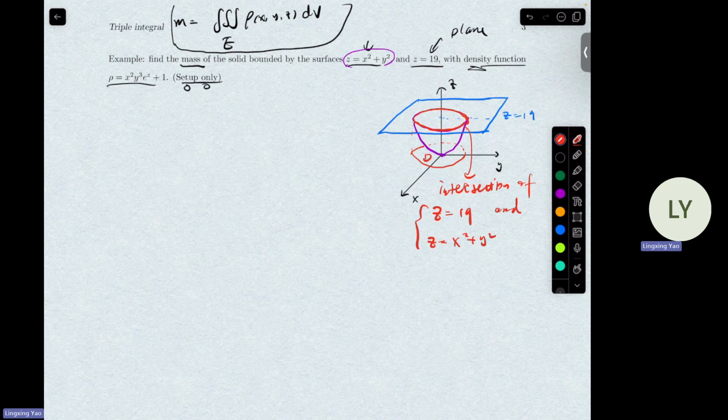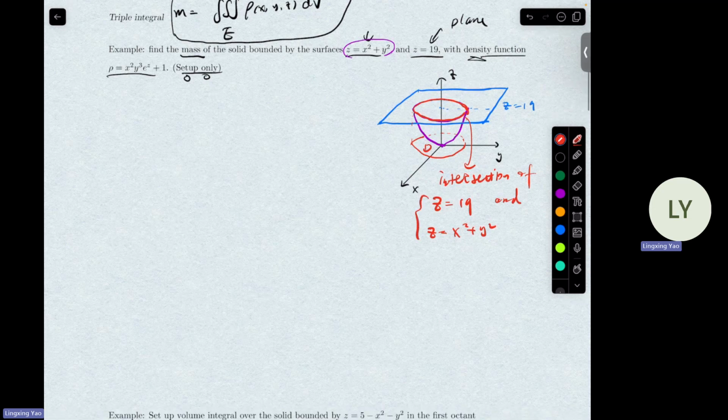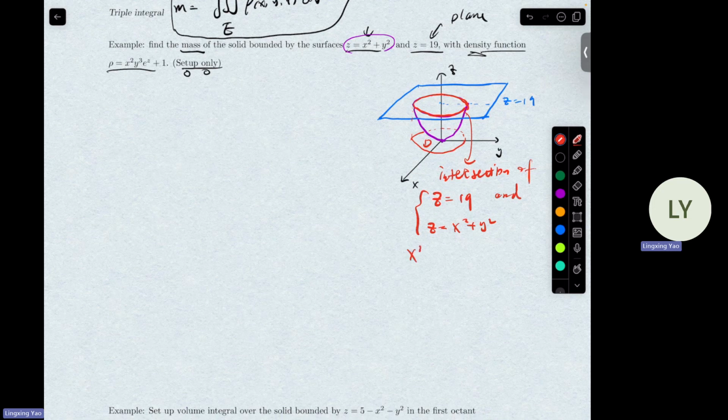So what we need to do is set them equal, and then we will see x squared plus y squared equals 19 is what we have. So the boundary of this D in the xy plane is indeed x squared plus y squared equals 19.